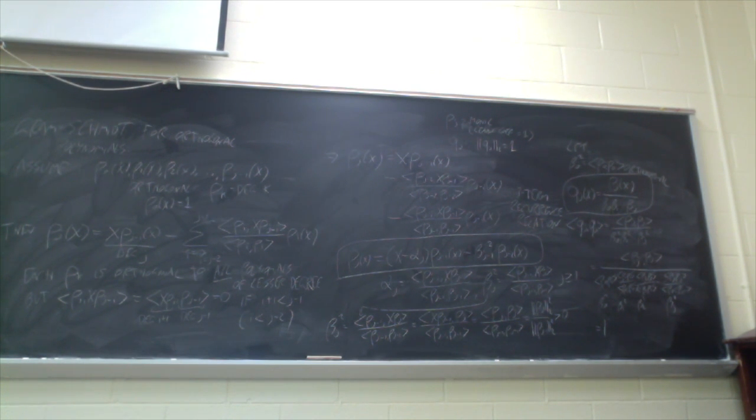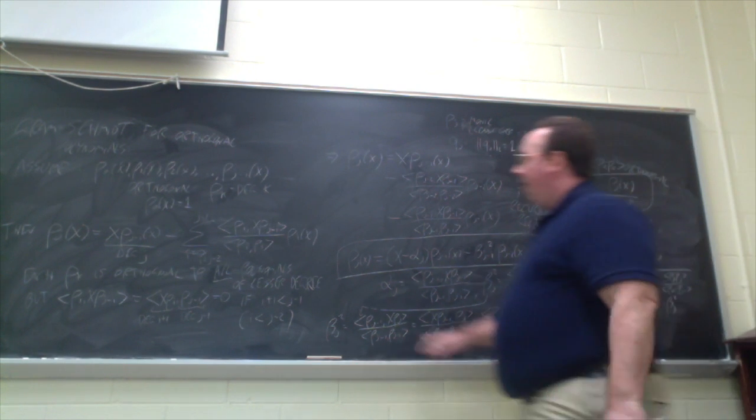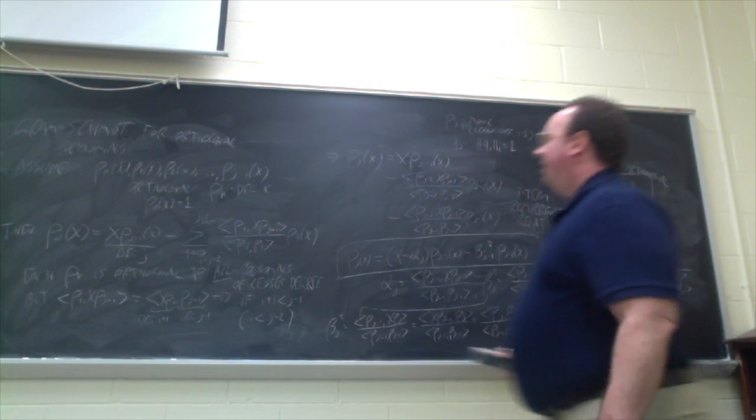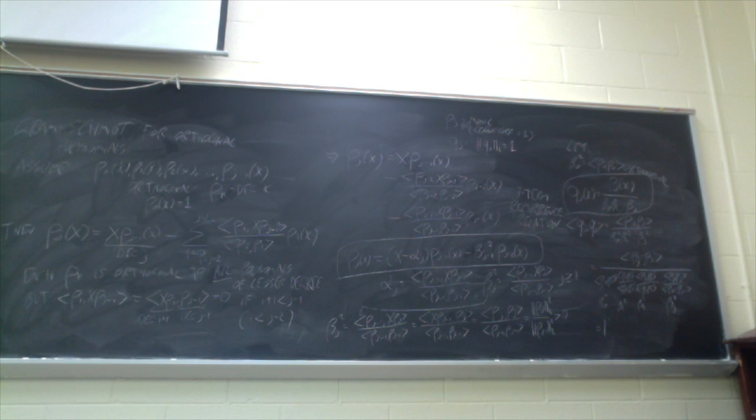Okay, so now, this actually applies for any inner product of functions that I could come up with. We could use this to define some family of orthogonal polynomials. So I'll just give a couple of examples of particularly important families of orthogonal polynomials.